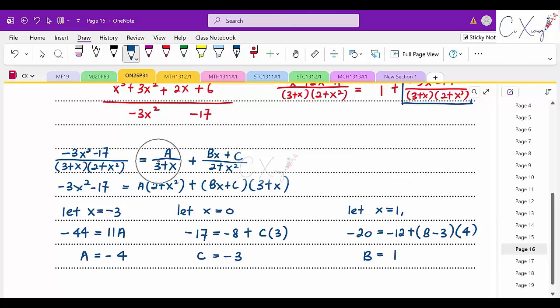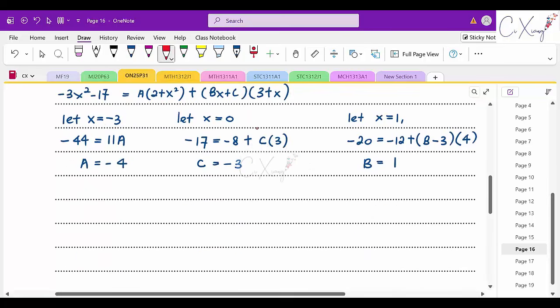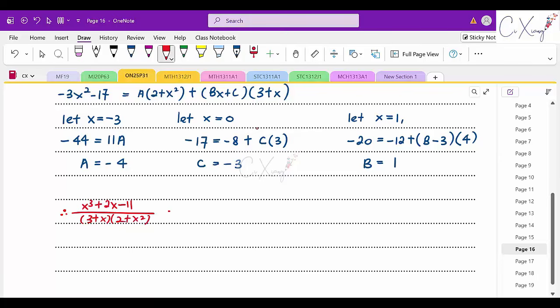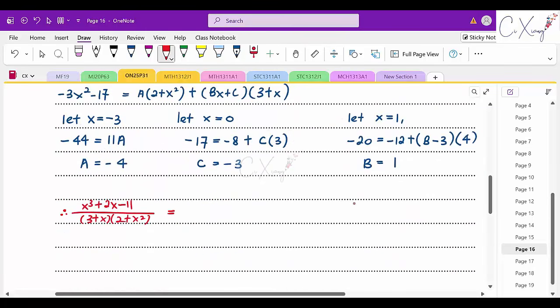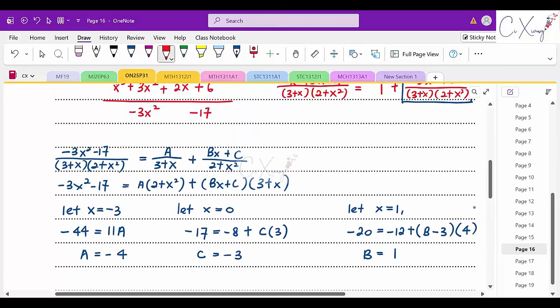So that means according to what we have here, a is negative 4, b is 1, c is negative 3. And usually for me, I will rewrite everything one more time, which is x power 3 plus 2x minus 11 divided by 3 plus x, 2 plus x squared, okay, equals to, originally this is the quotient 1, then plus the remainder.